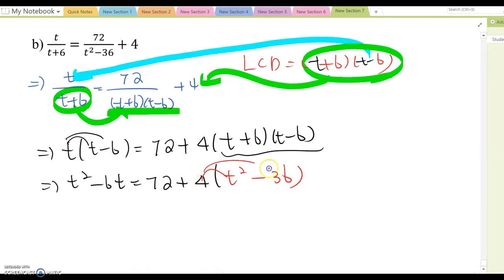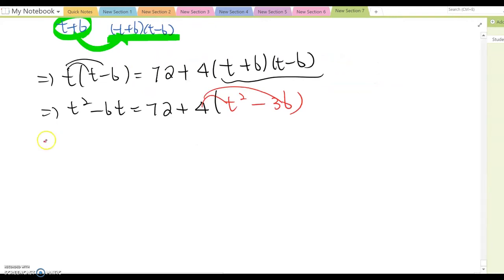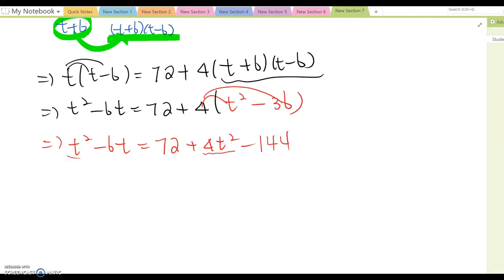Now distribute this one, then t squared minus 6t equal to 72 plus 4t squared minus 144. As you see, this is the bigger term compared to this one, so I'm going to move everything, all this factor, to the other side.